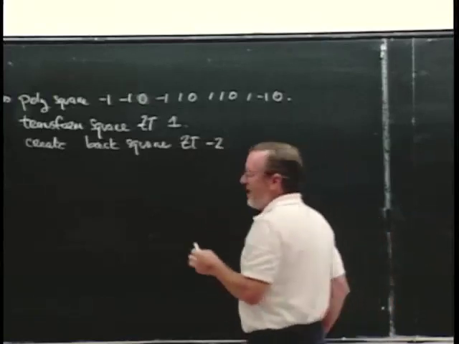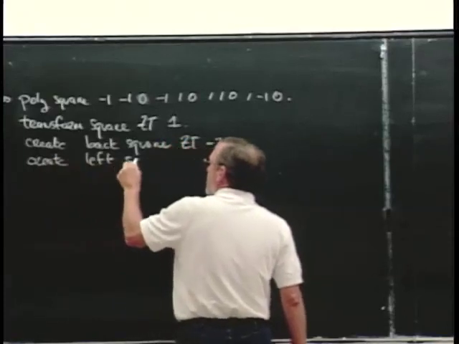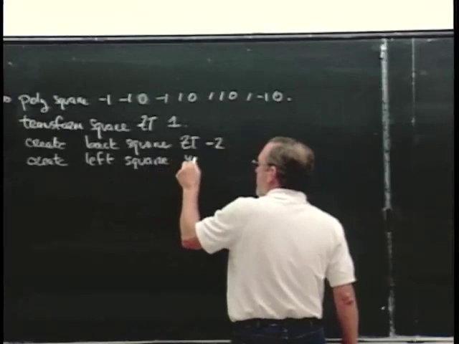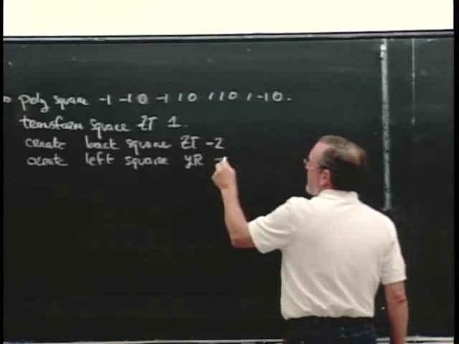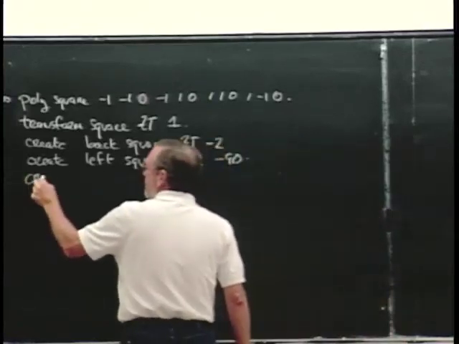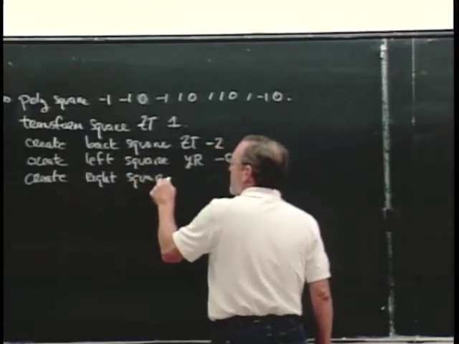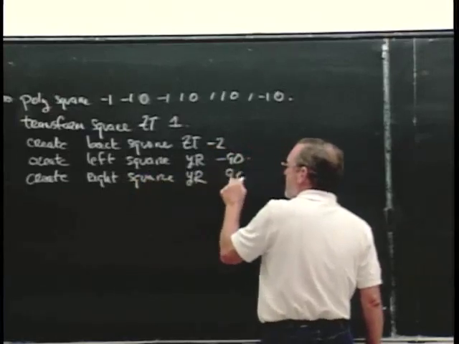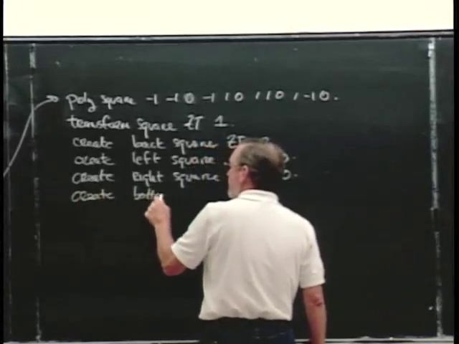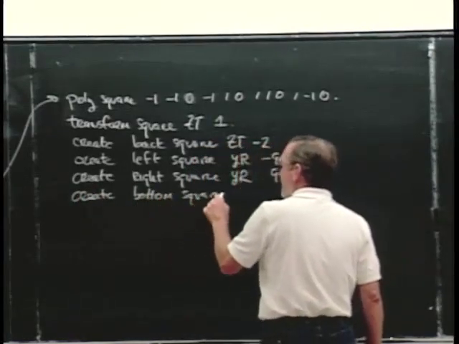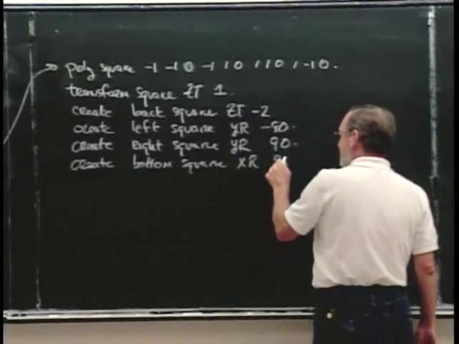Hang on, let me write all these things down. Create left from square, Y rotate, rotate around the Y-axis, -90. Here's create right from square, Y rotate 90. Create bottom from square, X rotate 90.